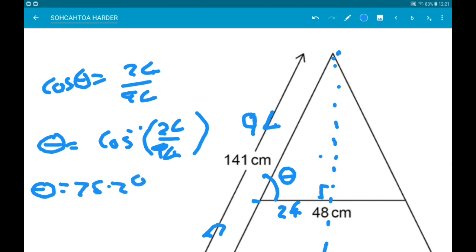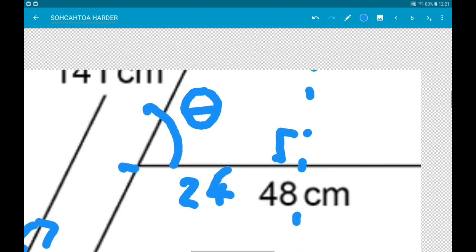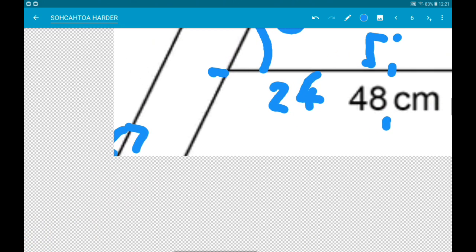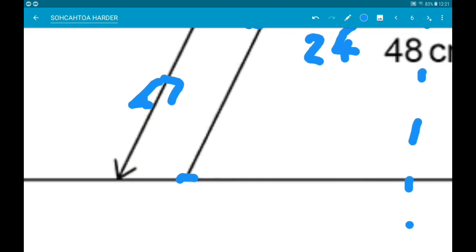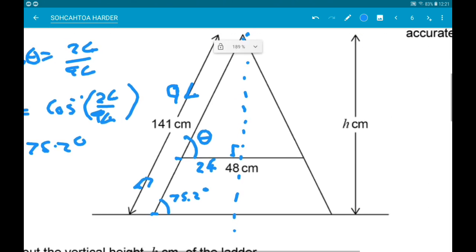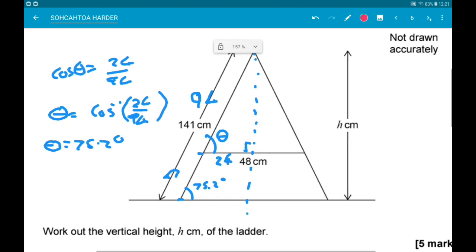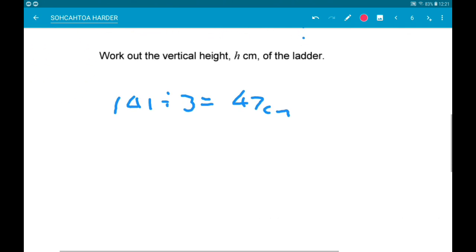Okay, so what that's done is it's told us about this angle here, because they're similar, it's exactly the same as this angle here. Now, using the overall diagram, which is getting a bit messy, so let's make a sketch.